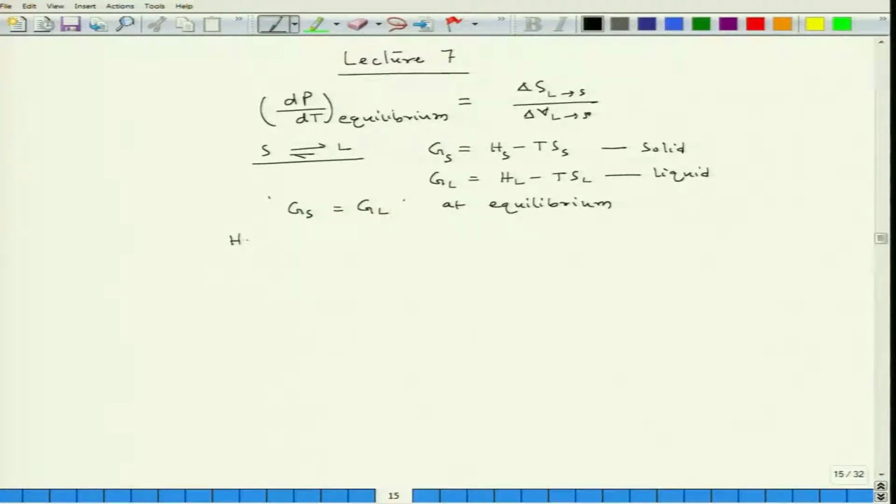Now, I can write it as Hs minus T Ss equal to HL minus T SL. So, then HL minus Hs equal to T times SL minus Ss, and in case of solid and liquid transformation, this T is nothing but melting temperature.